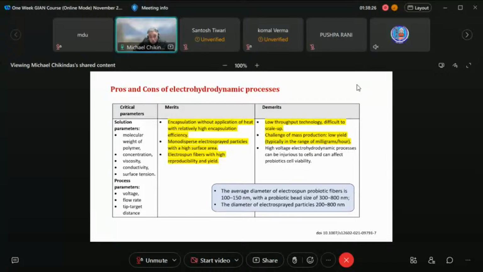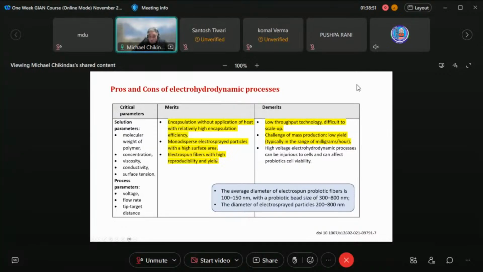Process parameters, voltage, flow rate. These are critical parameters that must be carefully considered in order to achieve the best spinning outcome with the best viability of the microorganisms.